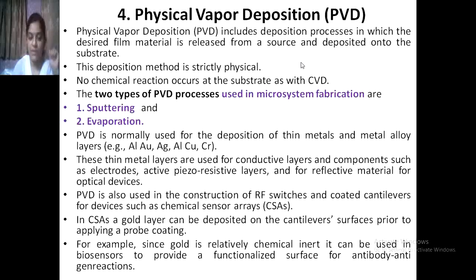Since gold is relatively chemically inert, it can be used in biosensors to provide a functionalized surface for antibody immobilization.